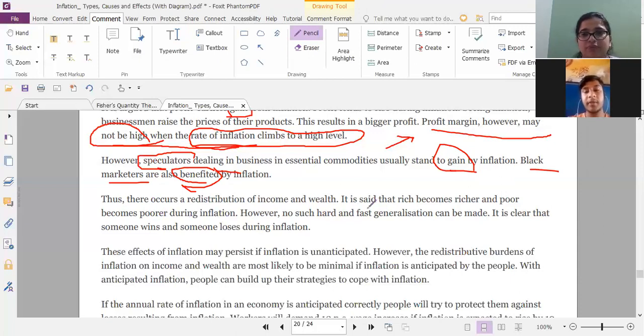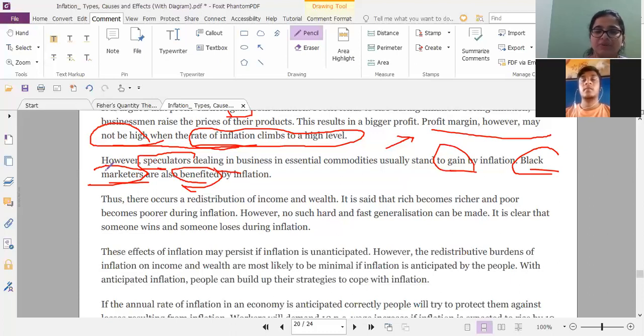Ma'am, what does black market mean? You don't know what a black market is? It is the market which does not come into the eyes of the government.